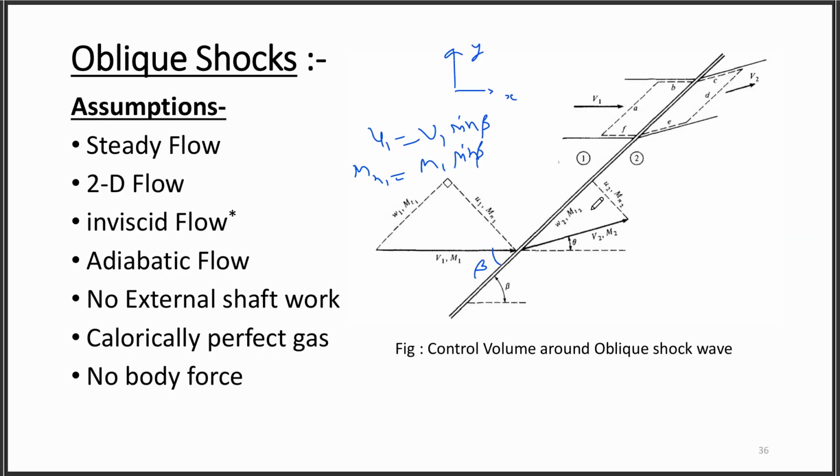Similarly, if you see, this is angle theta, so this is beta minus theta, and we can get Mn2 equal to M2 sin(beta minus theta).